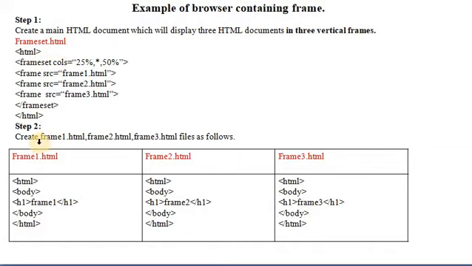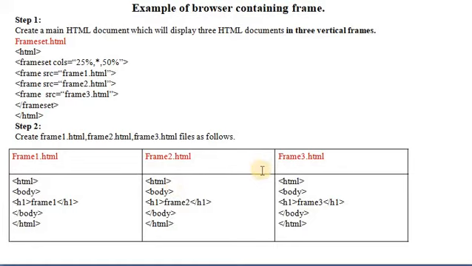Here step two is to create the frame1.html, frame2.html, frame3.html files as follows. In the frame1.html file you can write the HTML and body tags. Here in a header tag you can write frame1, close the header tag, close the body and HTML tags. Like this you can create frame 2 and frame 3.